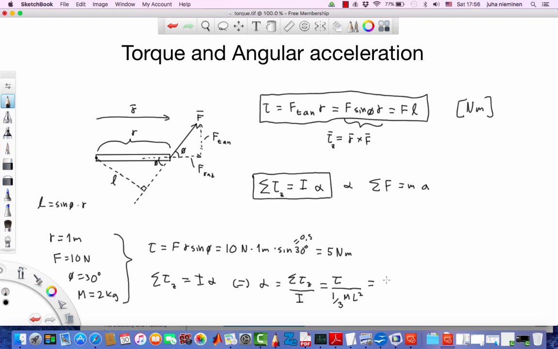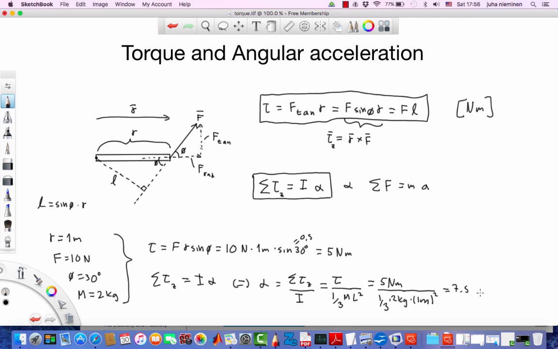So we have 5 newton meters divided by 1/3 times mass 2 kg times the length of the rod, that's 1 meter, squared. So what do we get? Value-wise, that's 15 divided by 2, so that's 7.5. And let's see what happens with the units.